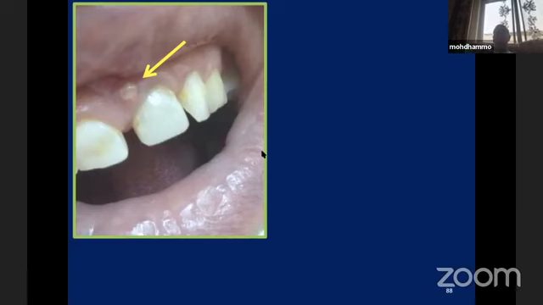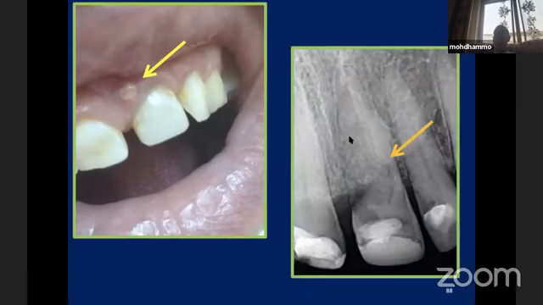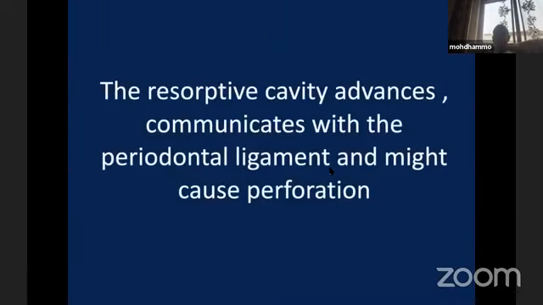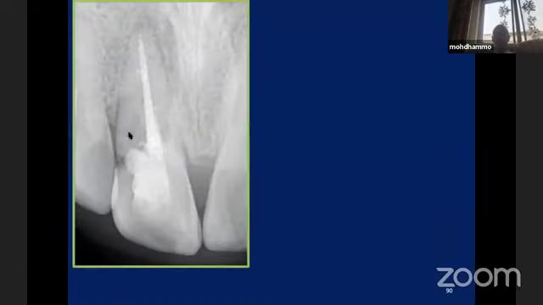I took an X-ray, and unfortunately, you can see here this whole part was destroyed by resorption. The resorptive cavity advances, communicates with the periodontal ligament, and again, it might cause perforation like this here.